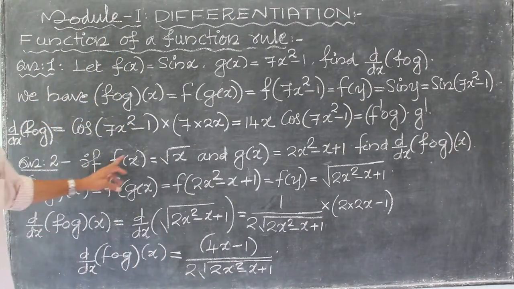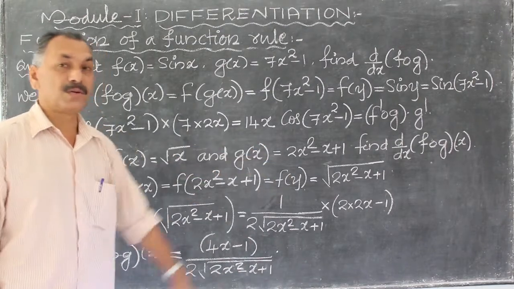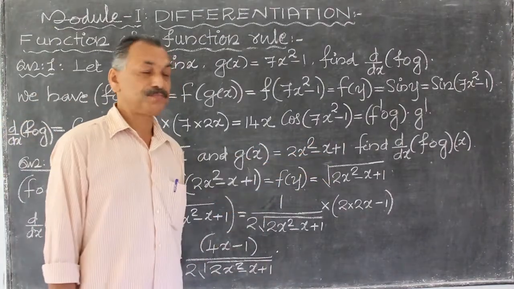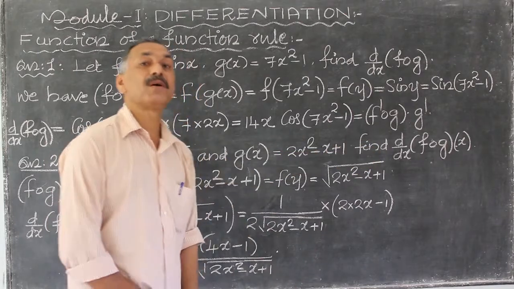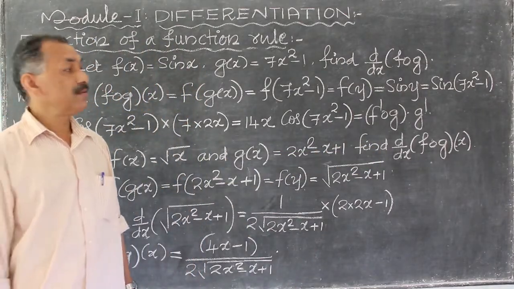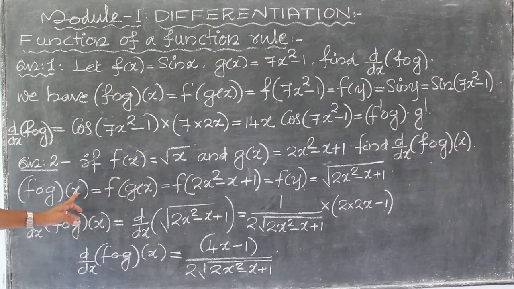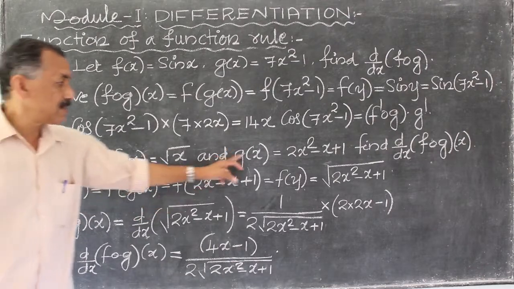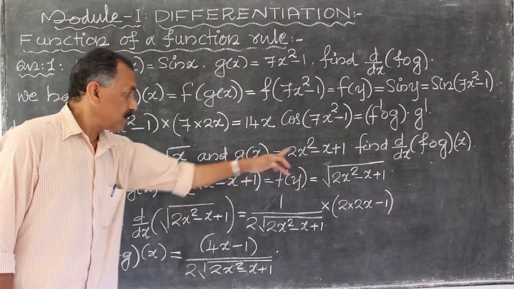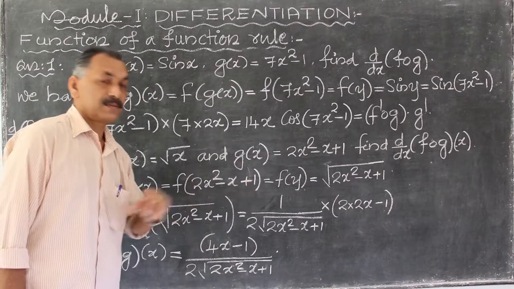Second, answer the problem. Let f of x be equal to root x and g of x be equal to 2x square minus x plus 1. Find the derivative of f dot g of x. First, f dot g of x is equal to f of g of x. That is f of, what is g of x? 2x square minus x plus 1.